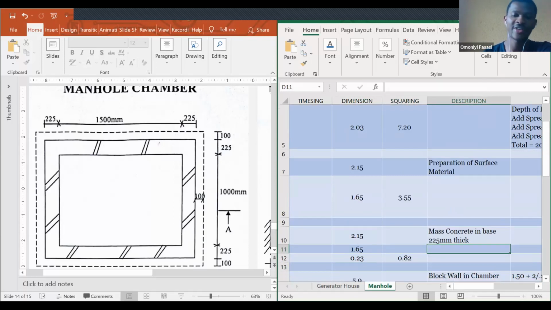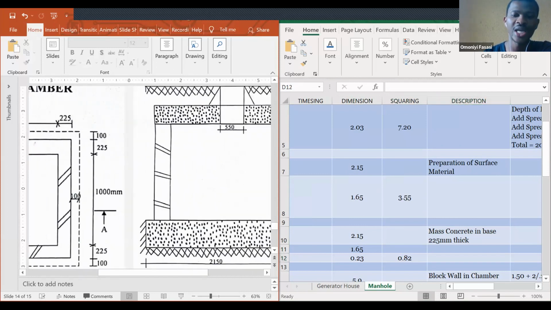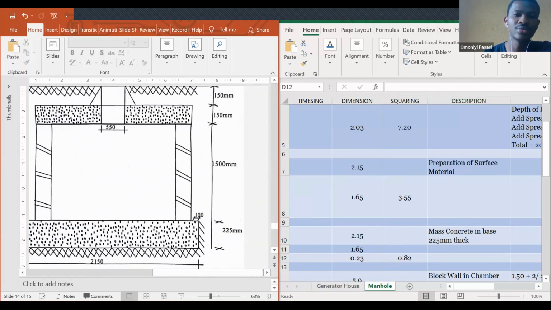You do your concrete. After you've excavated and cleared the surface, you place your concrete on it. What's going to be your concrete? It's the multiplication of your depth, which is 0.23, and the width you are working with, 2.150, and the length.